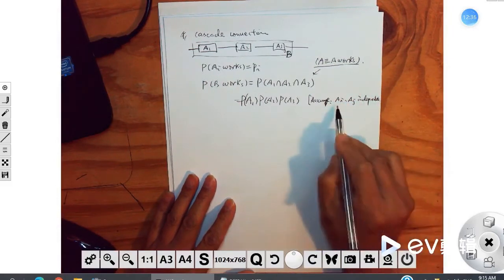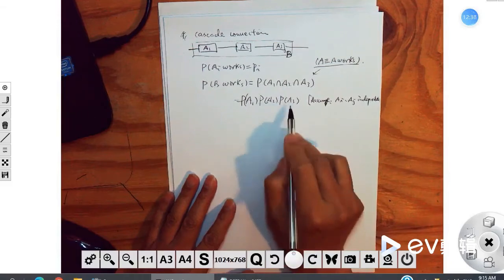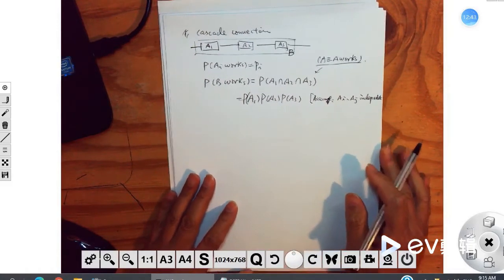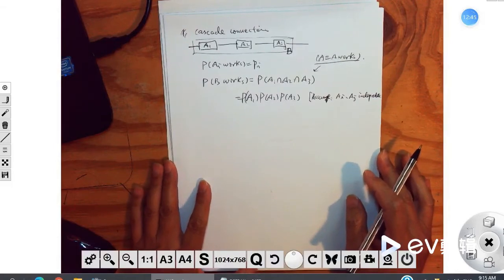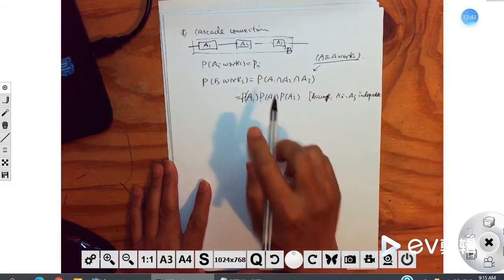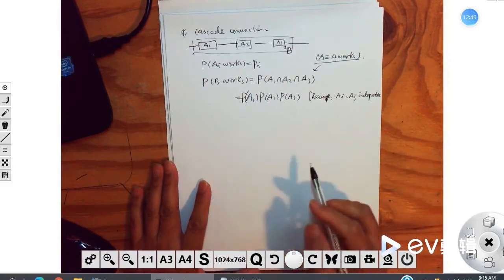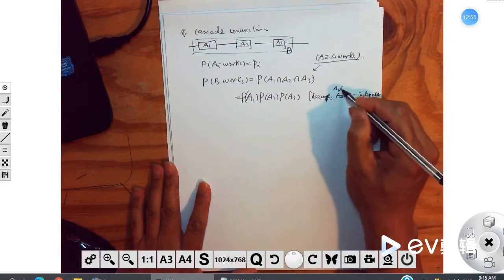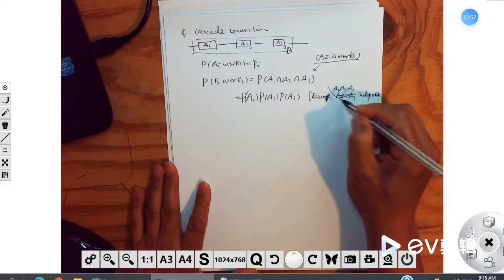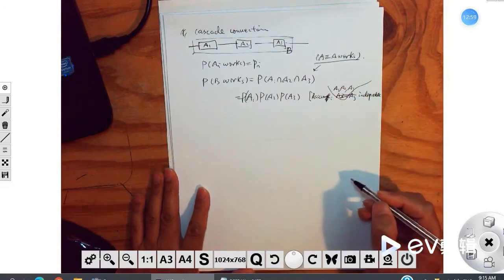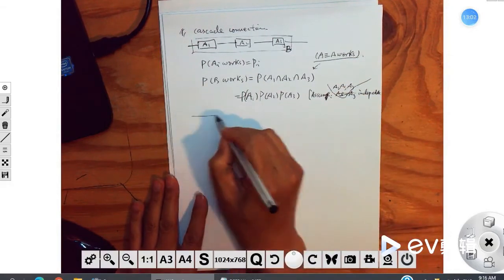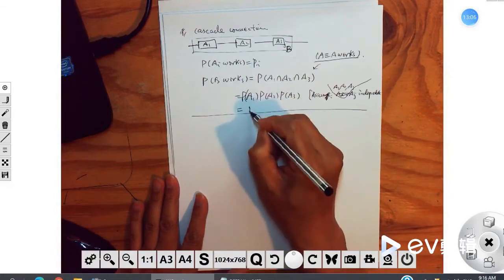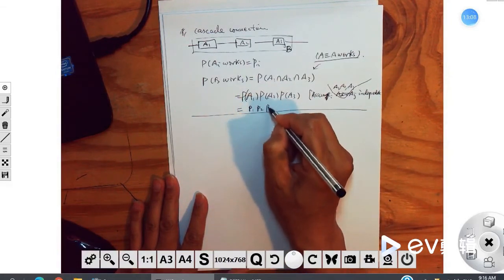If they are independent, you can separate them. If they are related, then things definitely should be more complex. So here we just suppose they are independent. A1, A2, A3 independent. Okay, this is a cascade connection. And each one is Pi, then this is P1 times P2 times P3.